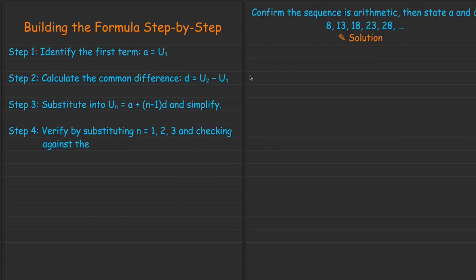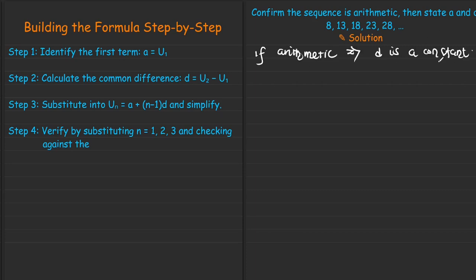Our first question says we have to confirm the sequence is arithmetic and then state A and then D. Now this is the sequence we have here. So our solution. Now we know that if a sequence is arithmetic, then it simply means the difference between the consecutive terms is constant.